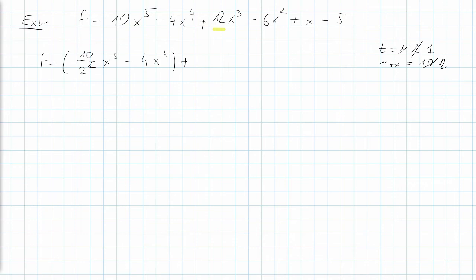We scan another term of this polynomial, and again we have a negative coefficient, so we write it as 12 over the next power of 2, and t is again 1, so it is 2^1, x^3 minus 6x^2.